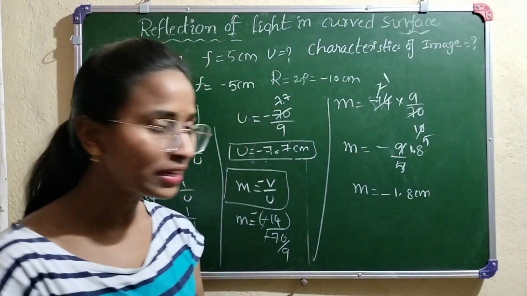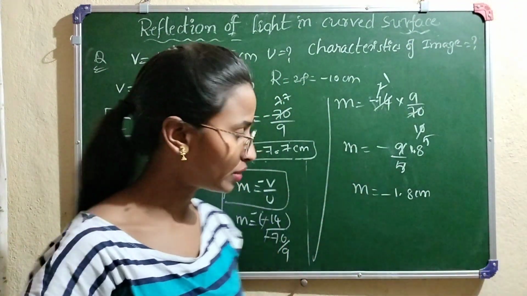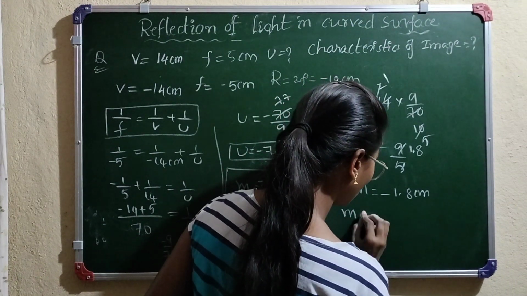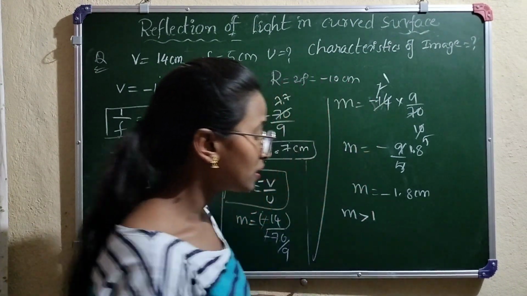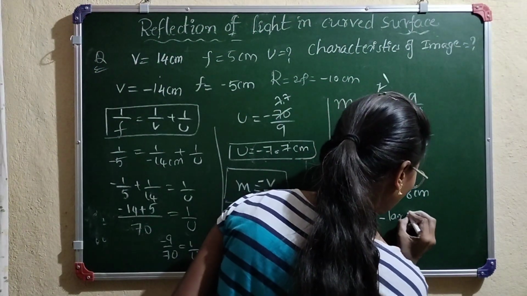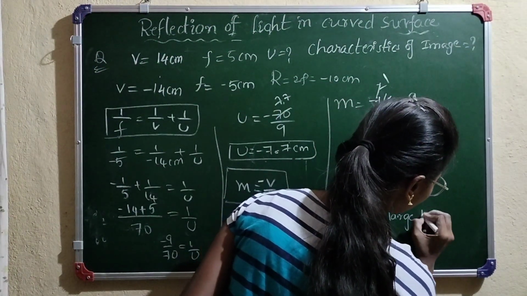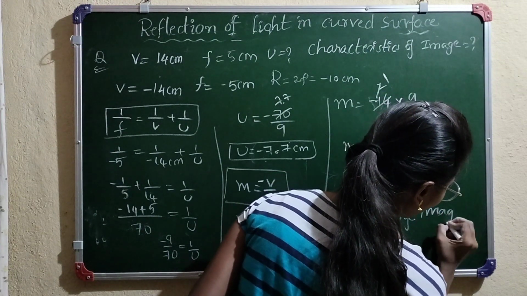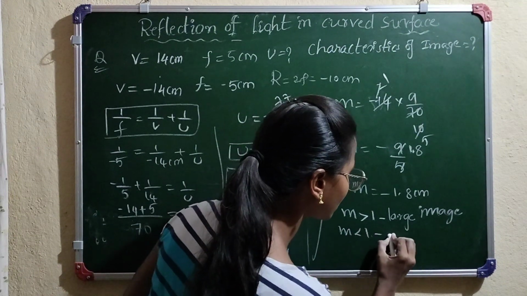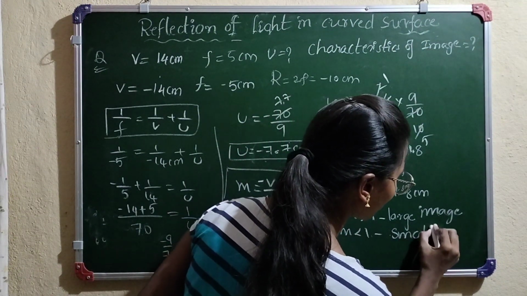Here 1.8 is greater than 1, not equal to 1. So if m is greater than 1, then you just have to remember a large image, a bigger image, will be formed. If m is less than 1, a smaller image will form.